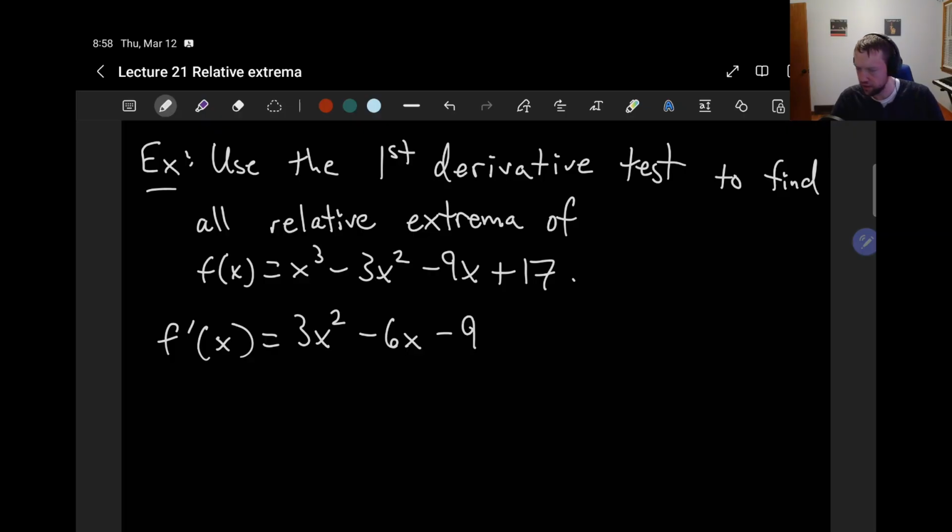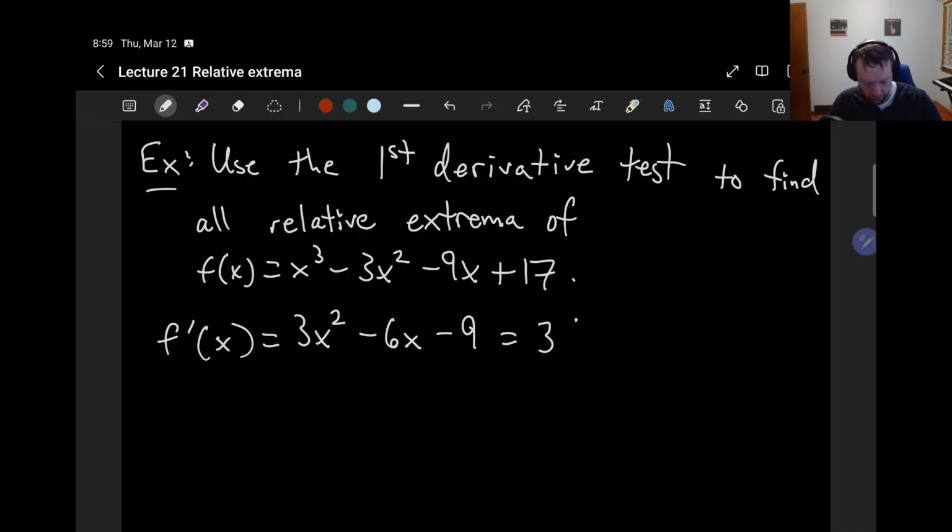So there's the derivative. And if we're looking for critical points, we want to set this equal to 0 to see where this is 0. This will always be defined. It's a polynomial, and there are no endpoints. So this is the only thing to look for. When is this 0?